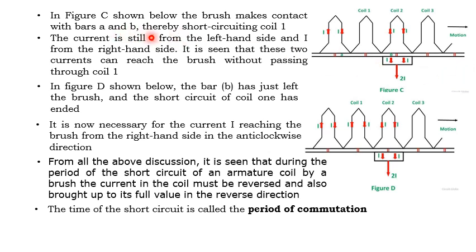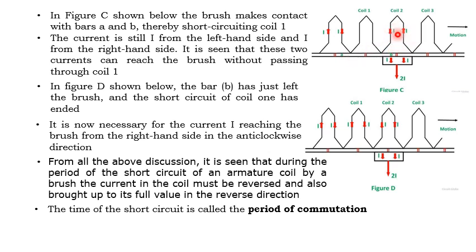So that is given. Here I consider one more figure. Let us consider figure C. In case of figure C, the brush makes contact with bars A and B, thereby short circuiting coil 1. So here what happens? This brush is in contact with either B or A. In this case, the current is still I from the left hand side and I from the right hand side.